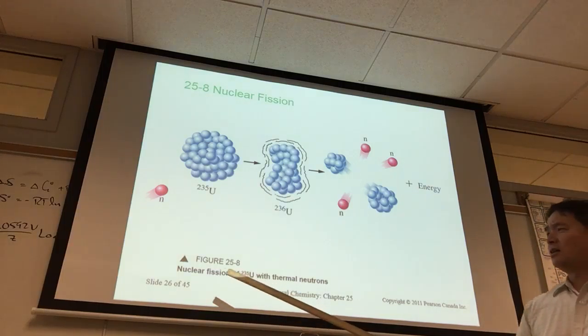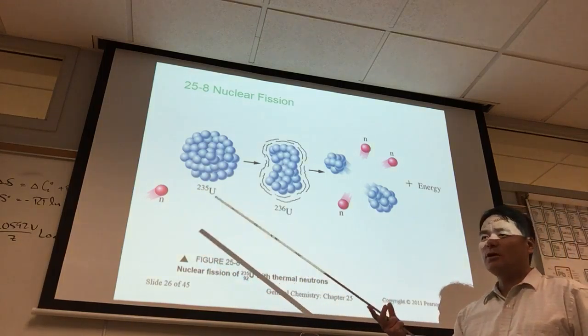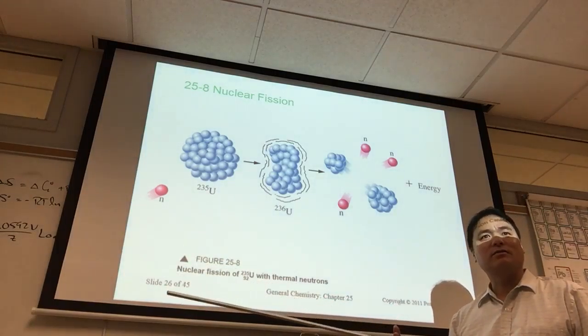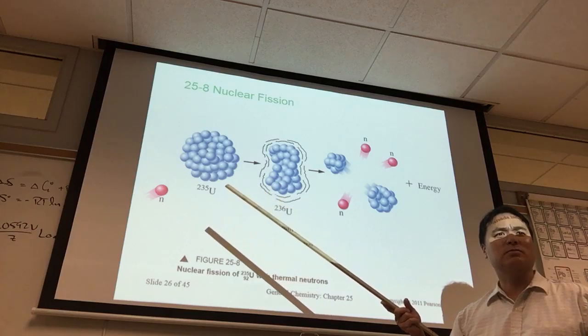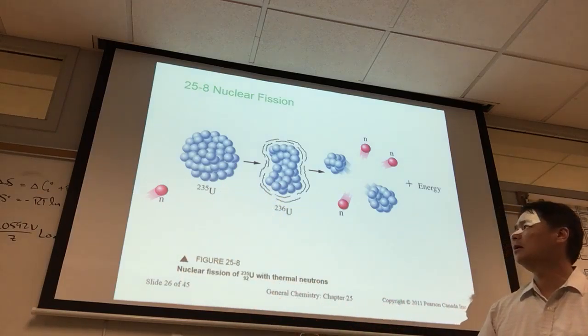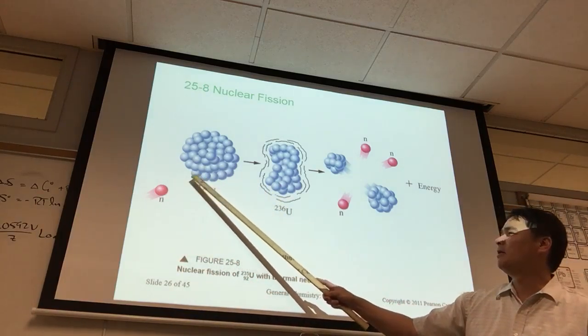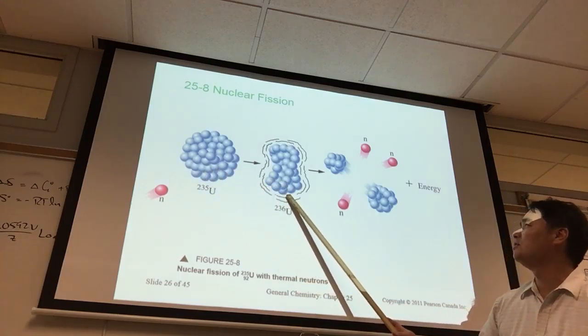And so neutrons cause non-radioactive atoms to become radioactive themselves because they screw up the balance of neutrons and protons. Well, anyway, a neutron activates this U-235, making U-236.